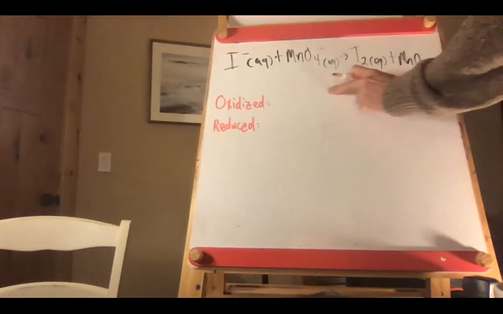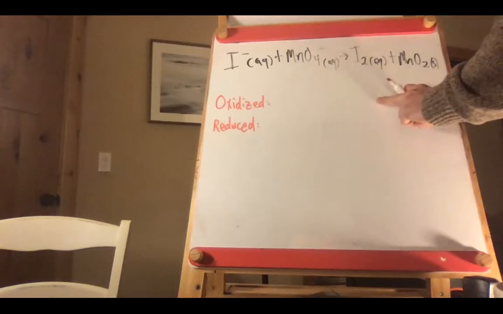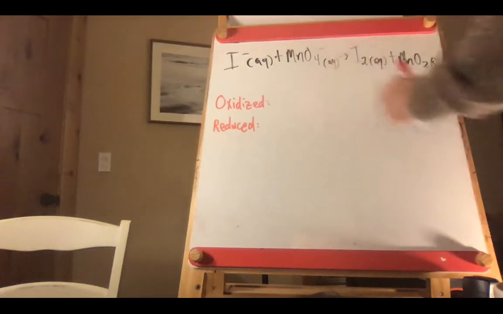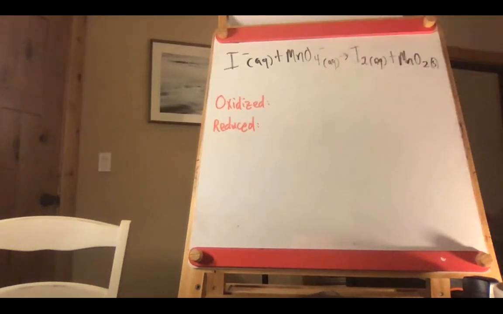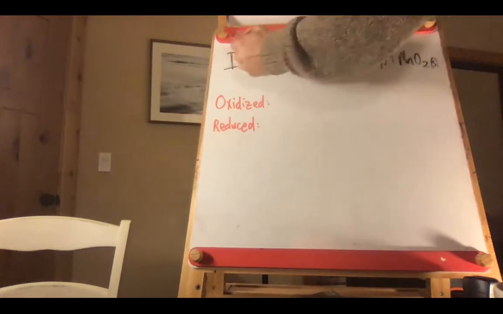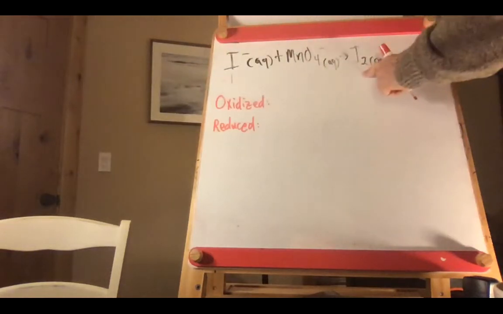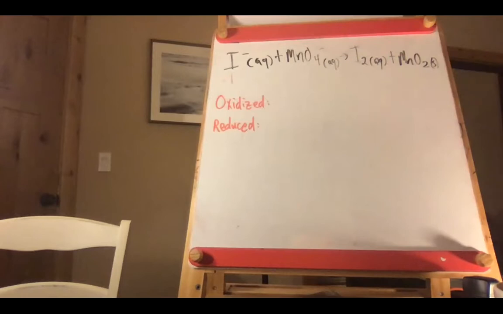Okay, so here's that reaction again. And the first thing we have to do is determine what's being oxidized and what's being reduced, right? So we can start off with iodine here. It has a negative charge, so it's an ion. And because it falls in group 7, we say that that charge is going to be the -1, right? Over here, this is I2.